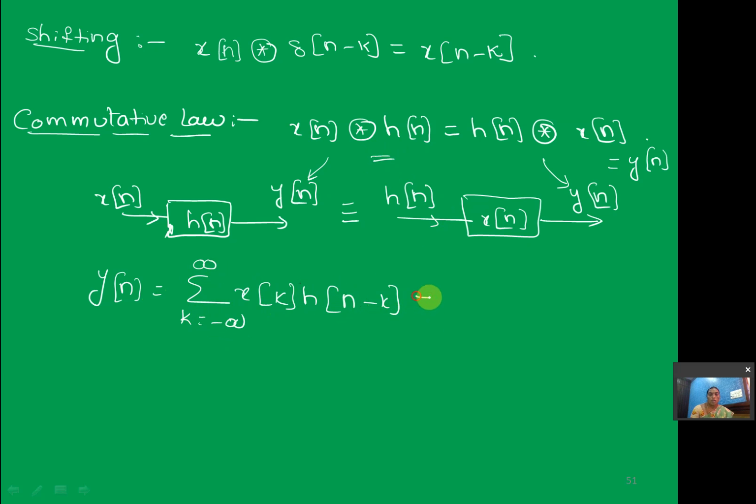It is always equal to, from the second formula, the summation of h(k)x(n−k). That is h(n) convolved with x(n), or x(n) convolved with h(n). You may use either formula to determine y(n). There is no problem in this.